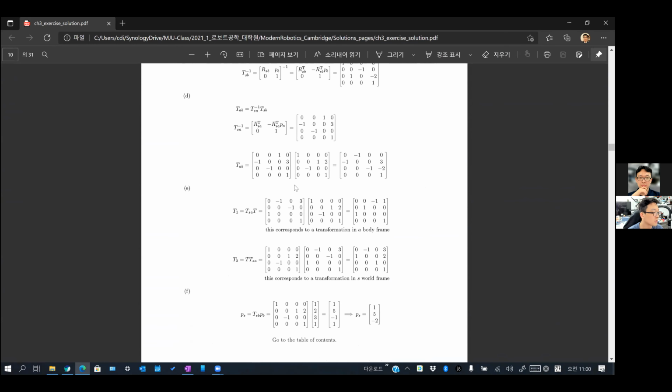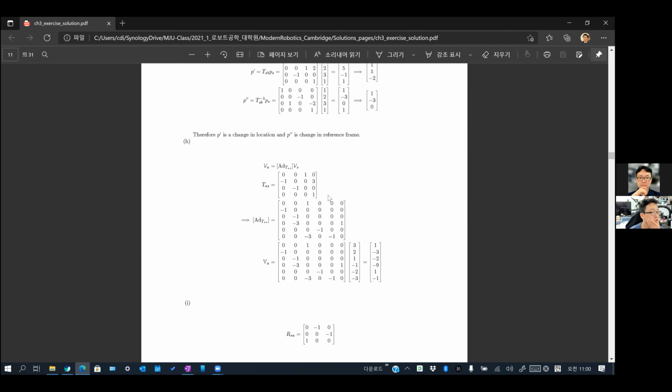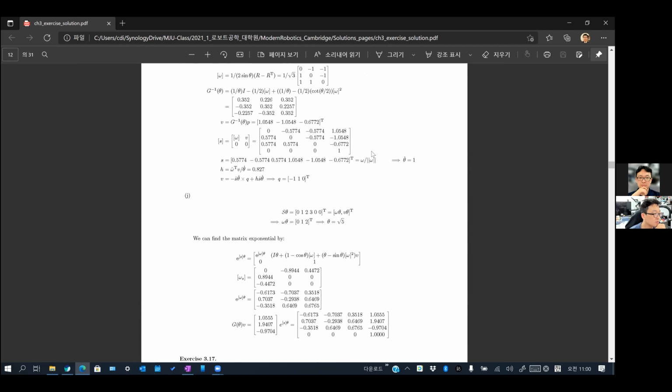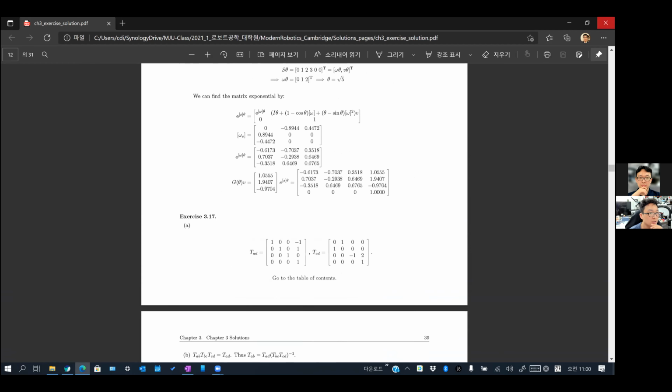The midterm exam overlaps with chapter 3, but some of the problems will come out here.